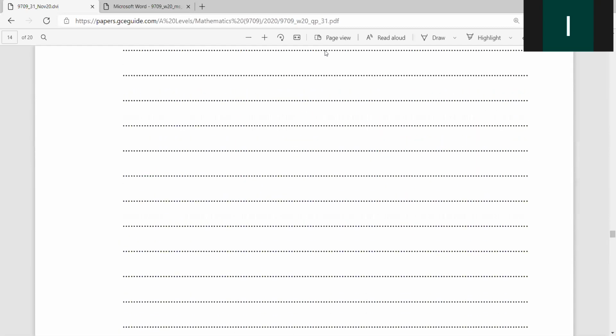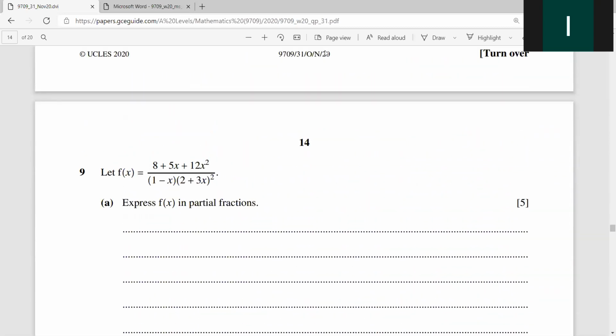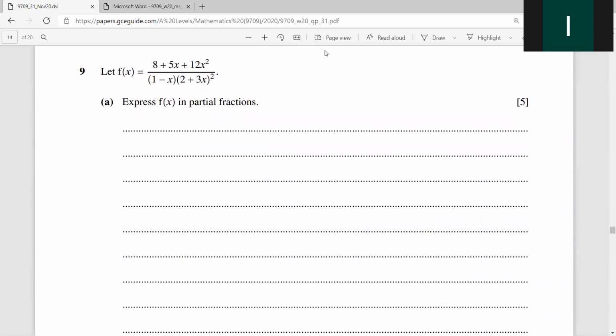So if you have to expand using the binomial expansion, you should try to write the minimum number of fractions. And if I had to integrate in the b part, then I would have gone for the greater number of fractions, because integration is easier when your expression is more simplified.